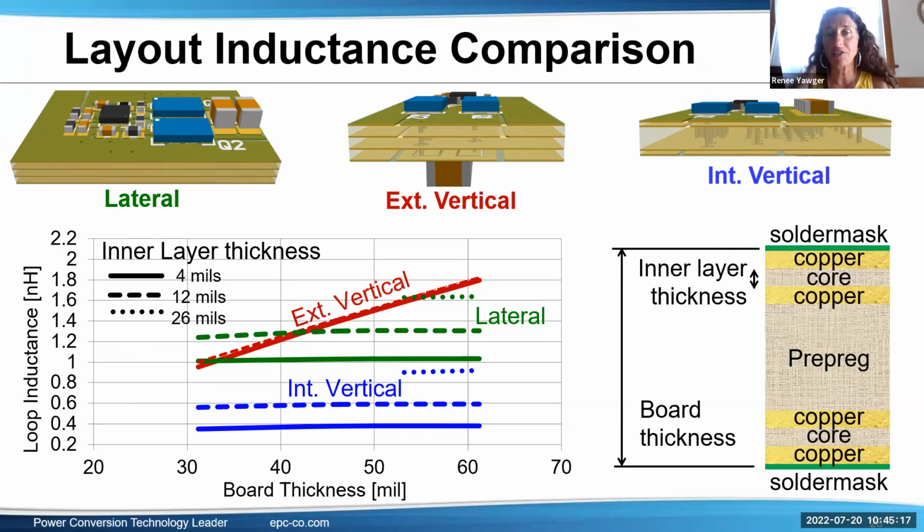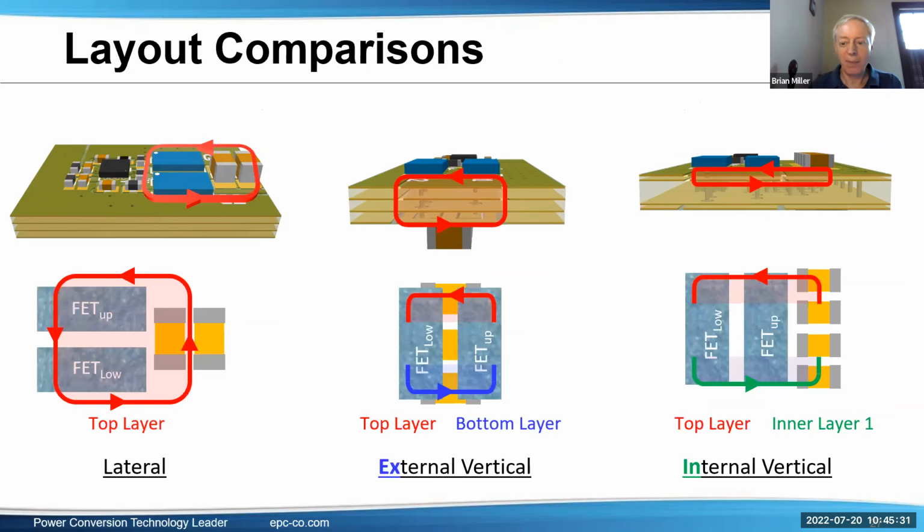Can you explain internal vertical layout once again? If we keep a bootstrap supply, it will take time to charge capacitors, which will slow down the higher switch gate driver, correct? The internal vertical shows the power loop, not the gate loop.